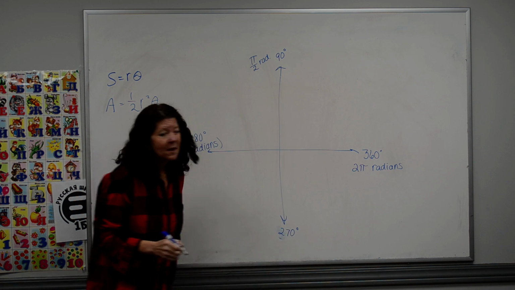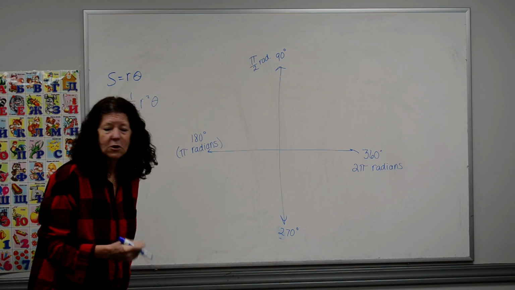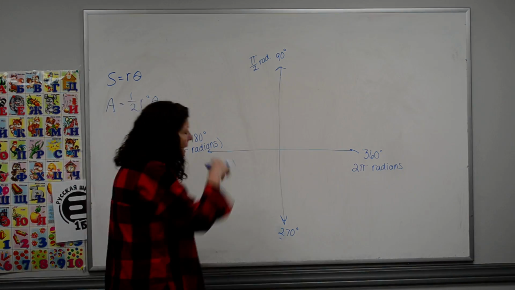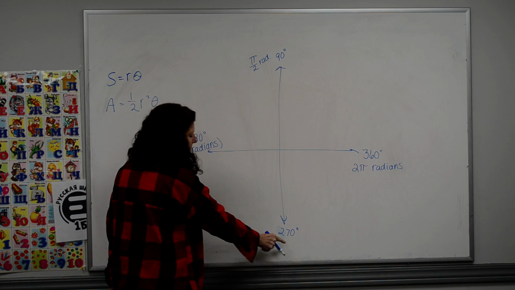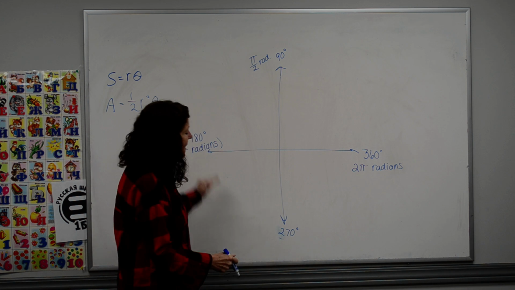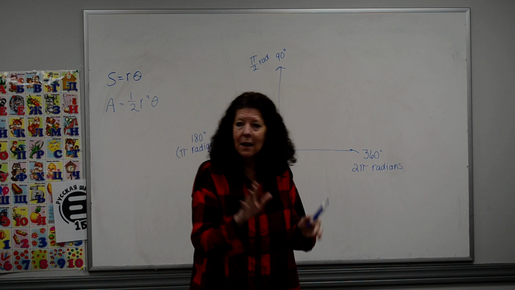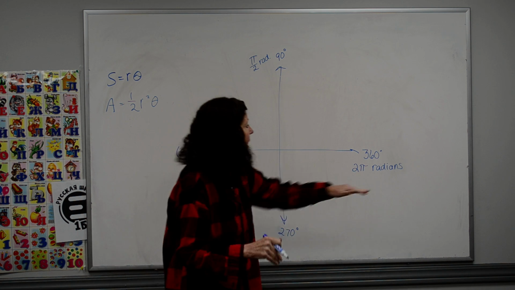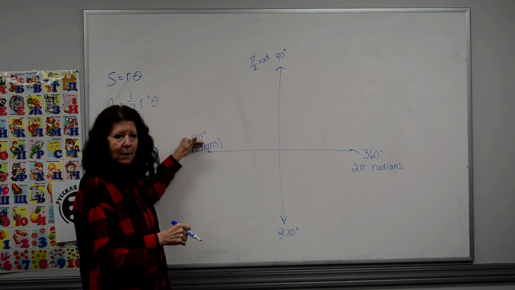The abbreviation is RAD for radians. Okay, not that it saves you much work, if you will. We are going to take this concept. Now, obviously here is going to be something different. I'm going to show you that in a minute, okay? So you understand, I can always say that 180 degrees is pi radians.